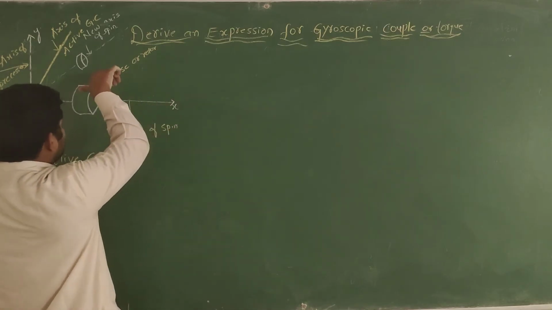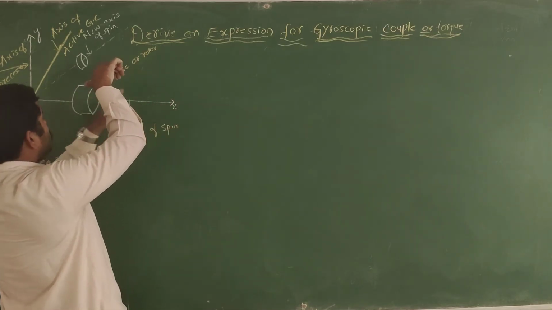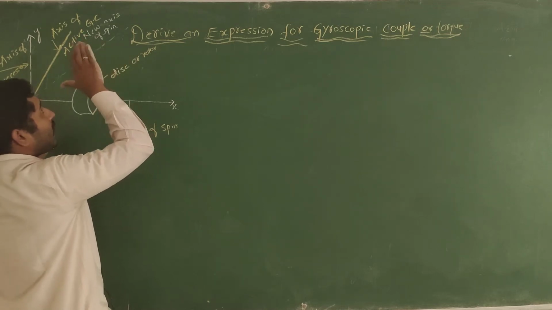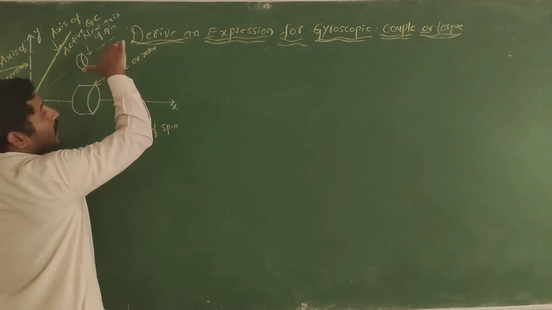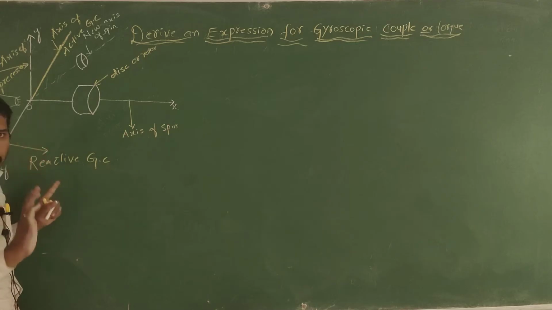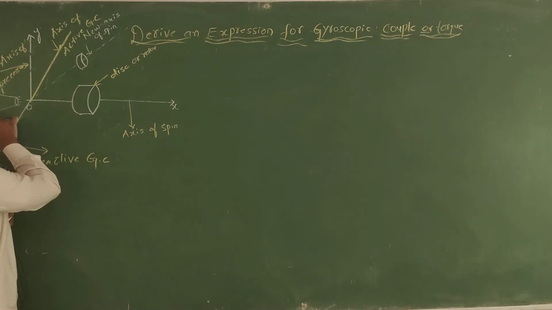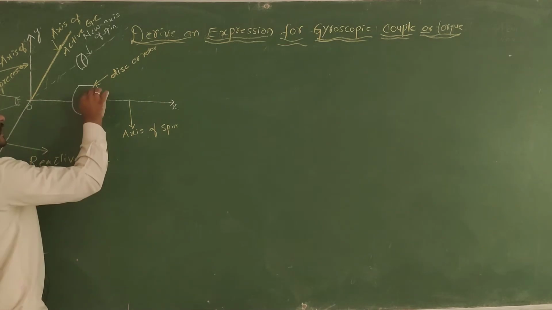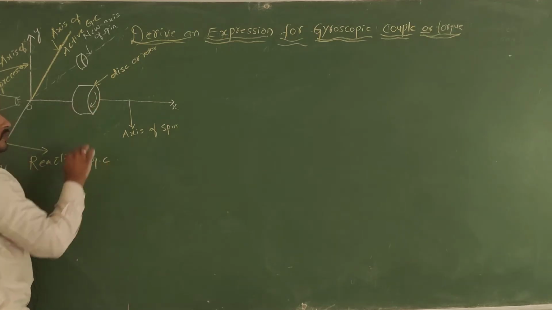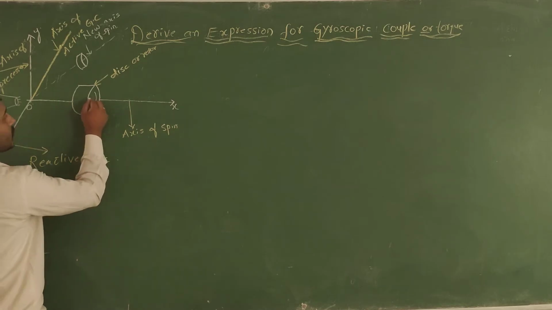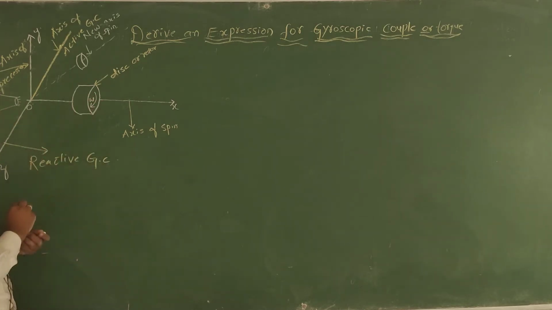If the direction sense is from X to O, the curl indicates that it is rotating in the anti-clockwise direction. If you observe from the origin point, the disc is rotating in the clockwise direction with an angular velocity omega.